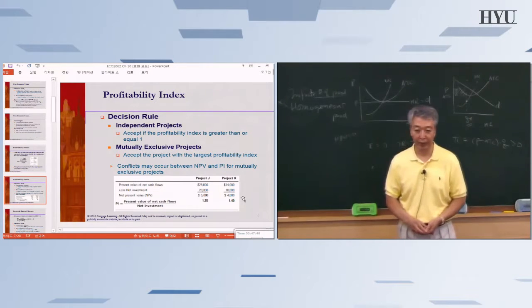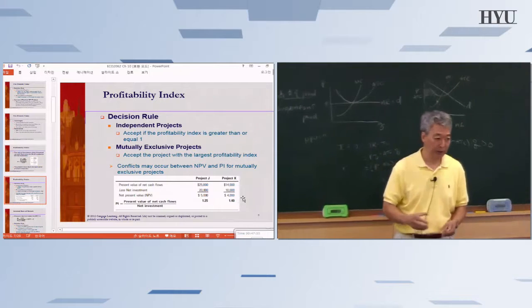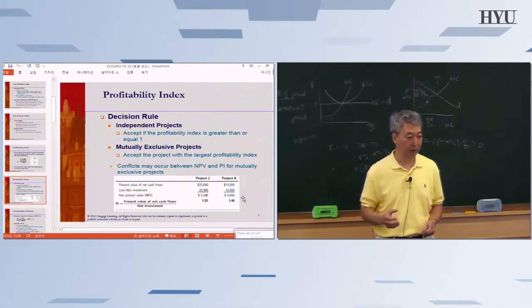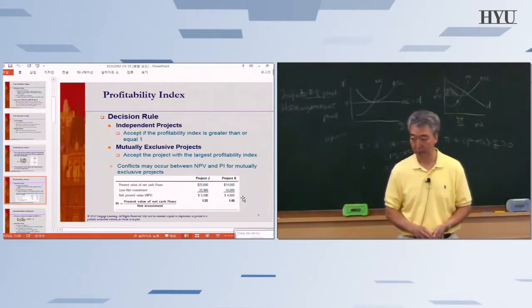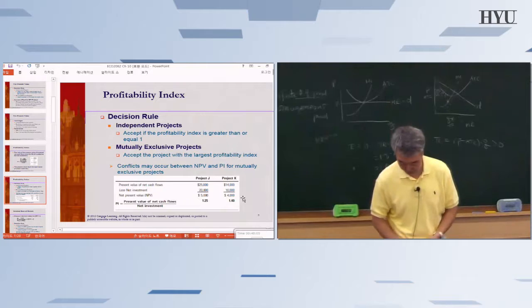So if you have a project like Project J that can increase the shareholder wealth, then ideally you should be able to come up with enough funds to take on this Project J. That's the role of the financial manager.